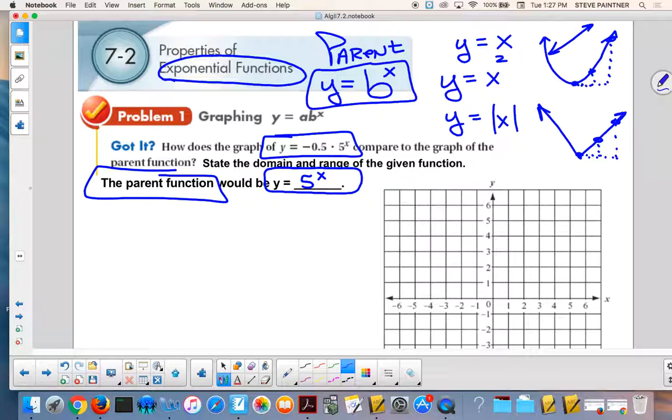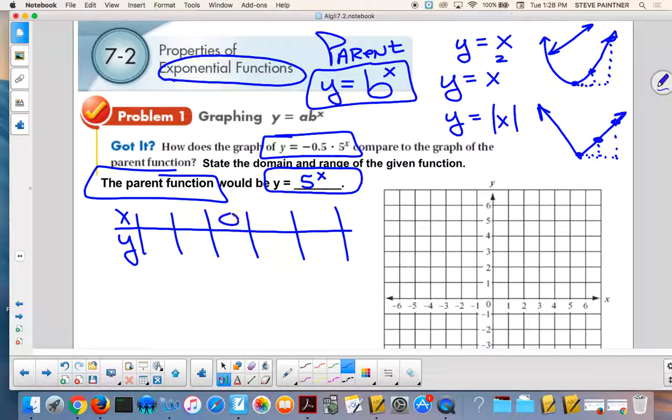This won't take long because you should be fairly good at this after yesterday. And I can make a long table, but really all I care about are 2 points. Guess what 2 points? 0 for x and 1 for x. Those two tell me the story. So what's 0 get you for an answer? 1. What does 1 get you for an answer? 5.